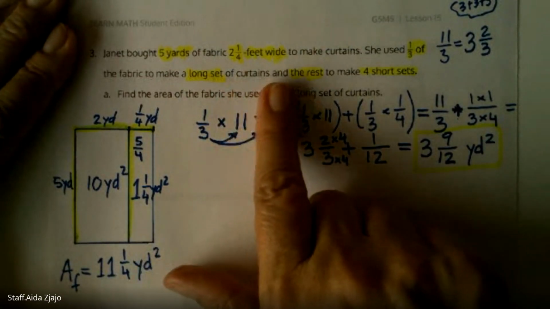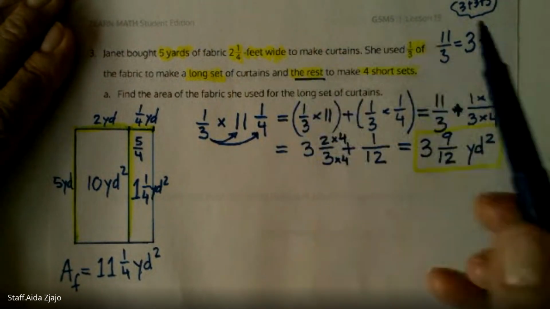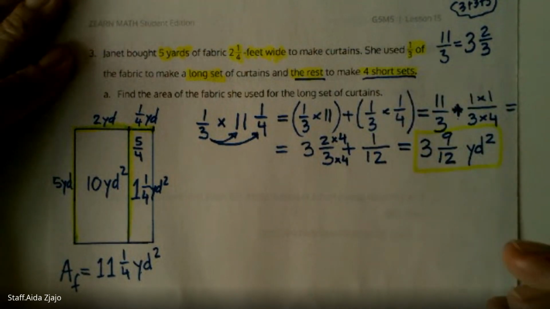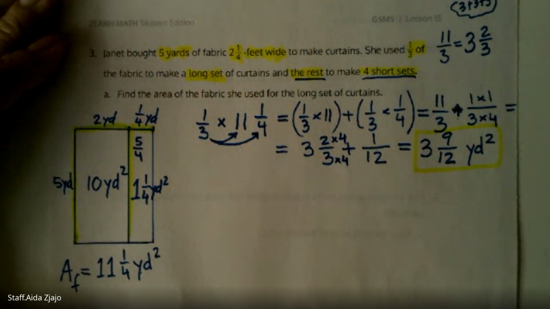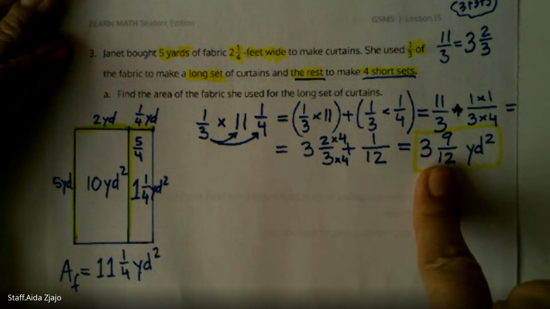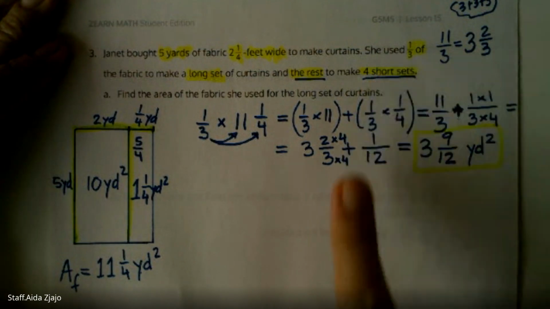And now the rest she makes into 4 short sets. So what that means is she is going to divide this into 4 smaller parts.